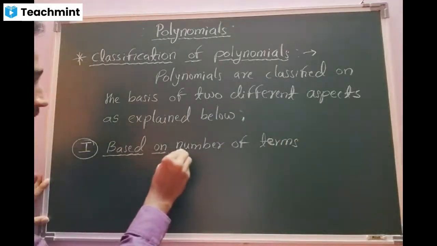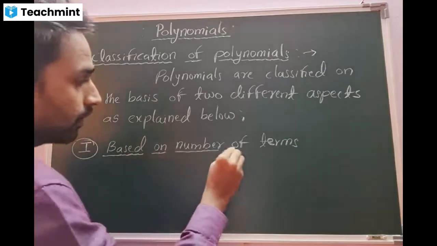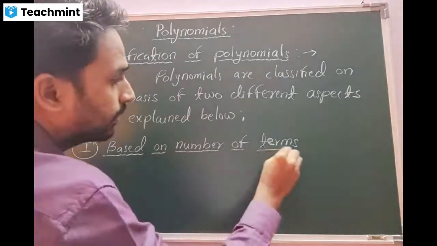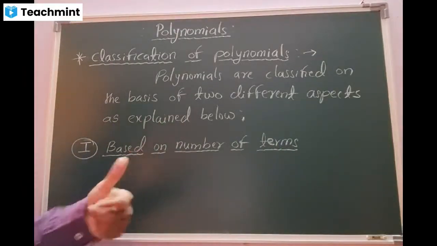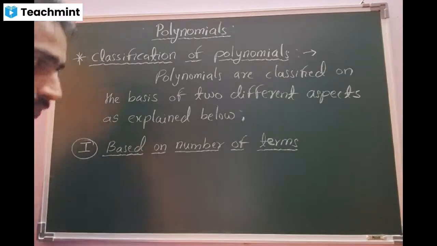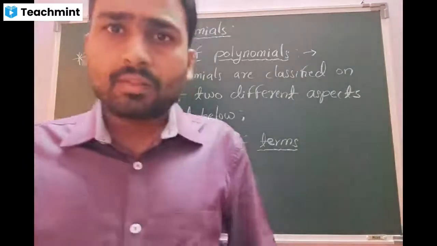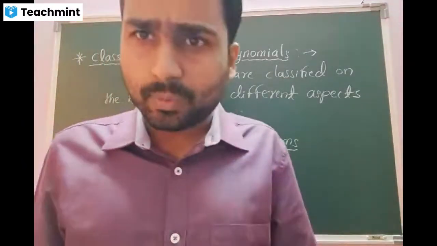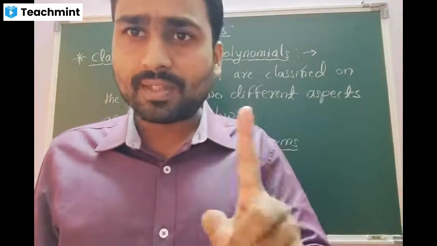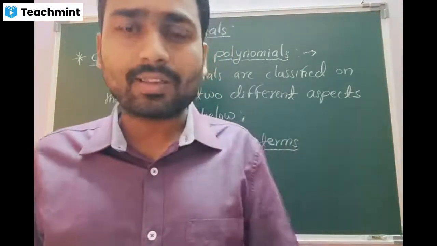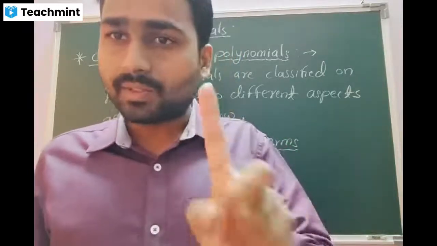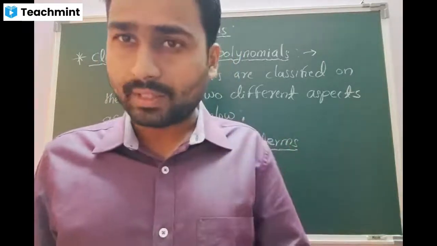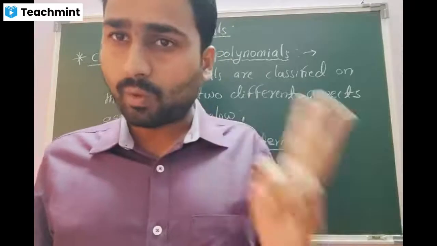Yes, sir. Write down, beta, fast. We'll start with the classification. Written? No, beta, it is nothing new for you people. Even right from 6th and 7th standard, you have learnt this particular concept. If only one term is there in the polynomial, what do we call that? If two terms are there, what do we call the polynomial?